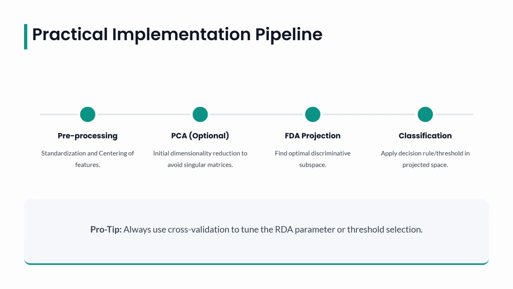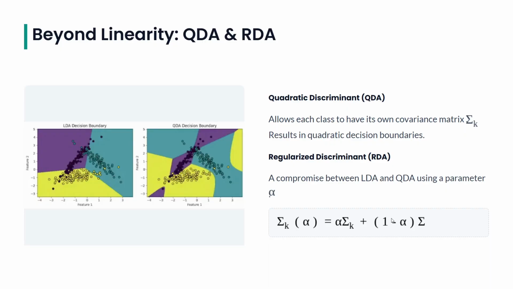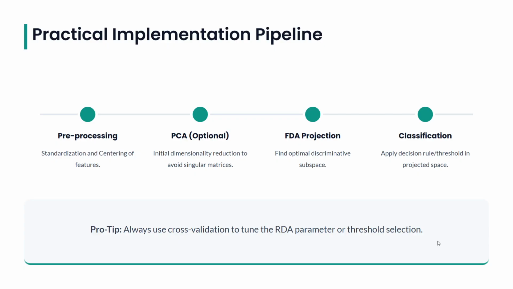Then they do FDA projections to find the optimal discriminative subspace, and after that we apply our classification rule. Now, this is the pro tip: always use cross-validation to tune the RDA parameter alpha and threshold selections. I know everyone does cross-validation for hyperparameter tuning.